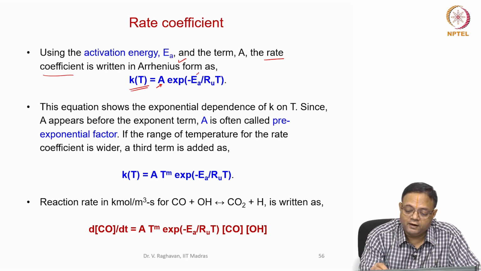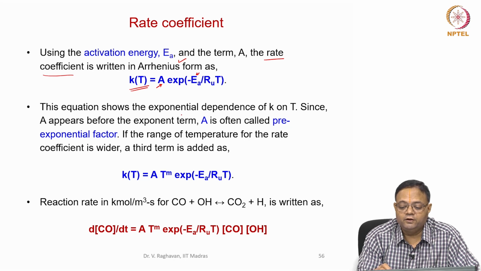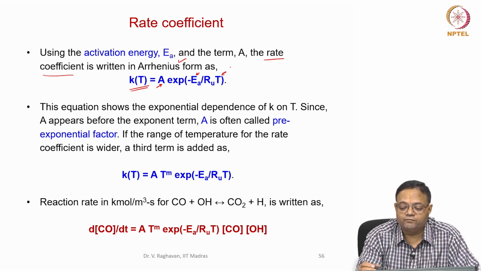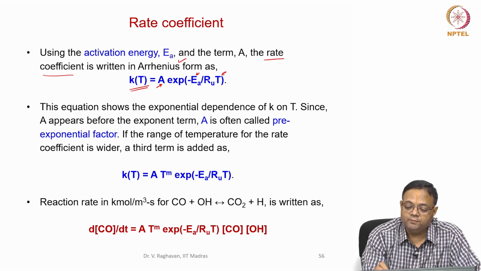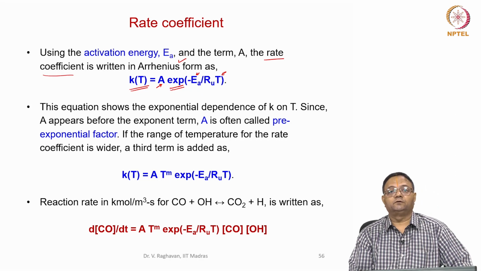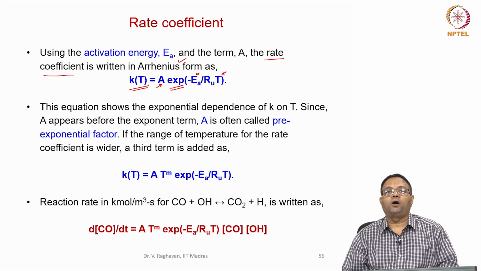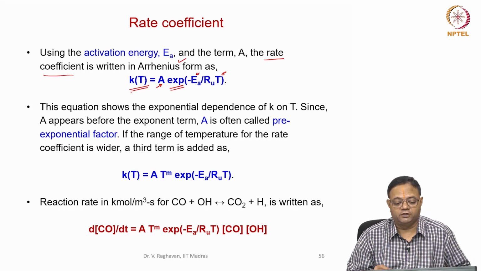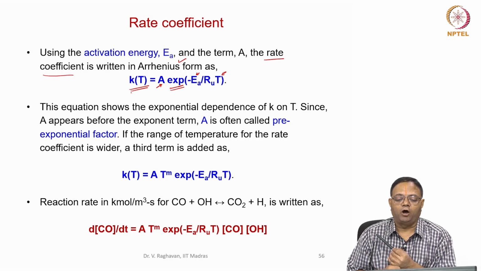Then the activation energy comes into play, coupled with the temperature itself, and this term Ea by RuT is within an exponent term. So that imparts the exponential dependence of the value of k on temperature. So this is the Arrhenius form of the rate coefficient equation.